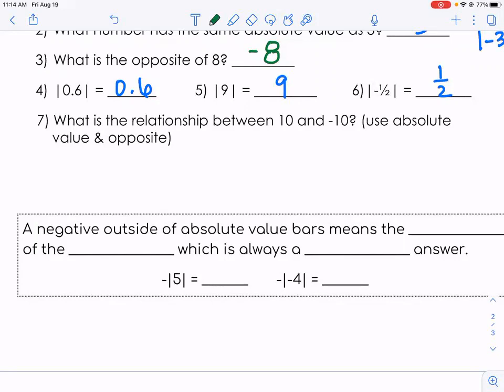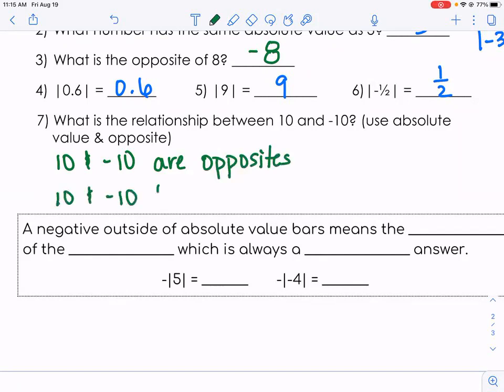What if there was one word to describe that sentence that he just said? Jada. Good. One more thing we can say, Mace. Yes, 10 and negative 10 are opposites. 10 and negative 10 have the same absolute value.